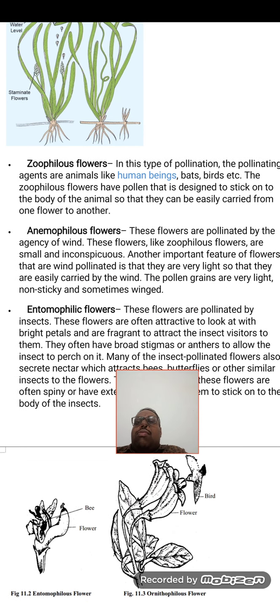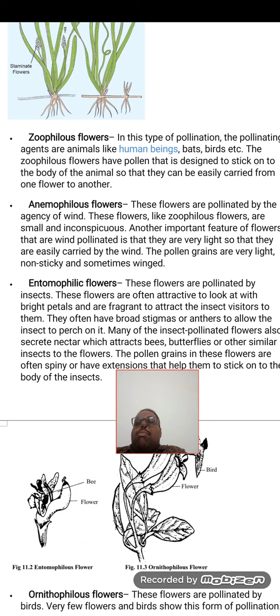Next one is entomophilous. Entomophilous means pollination carried by insects. Insects, bees, butterflies. If pollination is to be carried by these insects, two or three factors are very important.